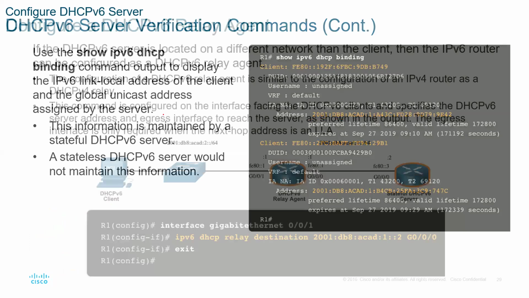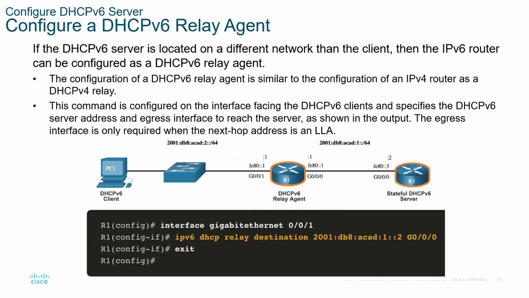Show commands. Configure DHCP version 6 as a relay agent. How do you configure our router to forward messages? The command is IPv6 DHCP relay, then you put the destination where the information is supposed to be going and the exit interface. It's a bit different from the one we did with DHCP version 4.